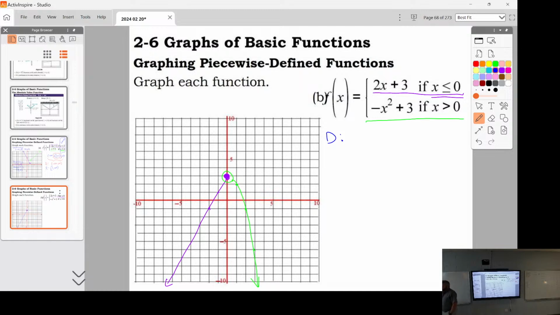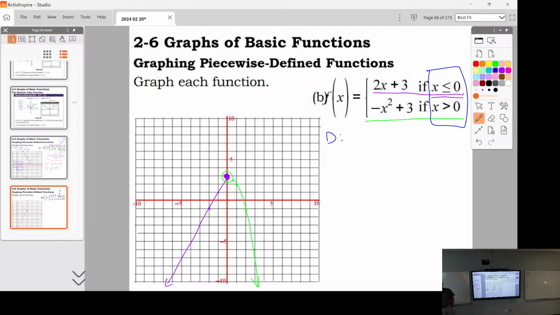Looking at the graph, what's the domain? What can x be? Look at the picture if you need to. How far to the left does it go?